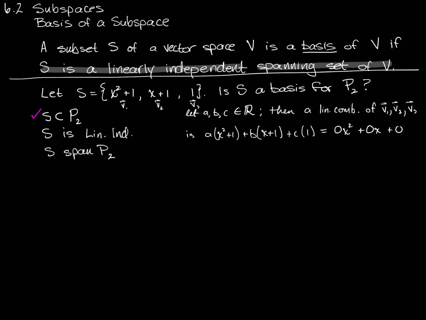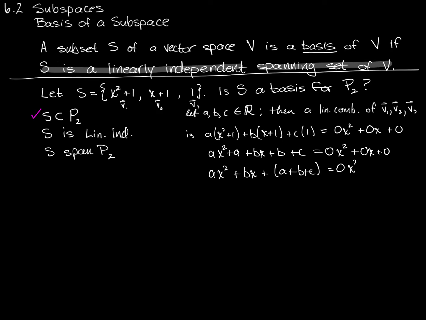Let's do that distribution. I get ax squared plus a plus bx plus b plus c equals 0x squared plus 0x plus 0. And that gives me ax squared plus bx plus this collection of constants a plus b plus c equals 0x squared plus 0x plus 0.